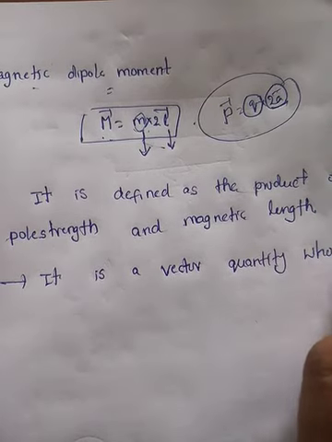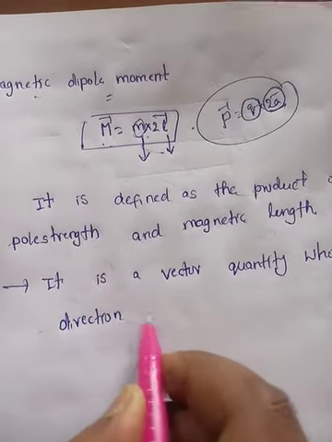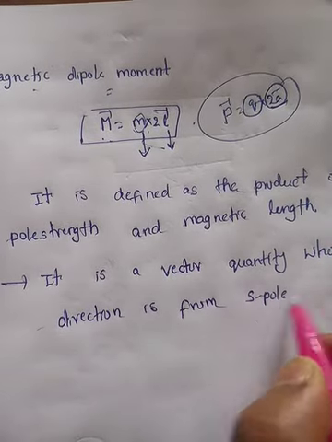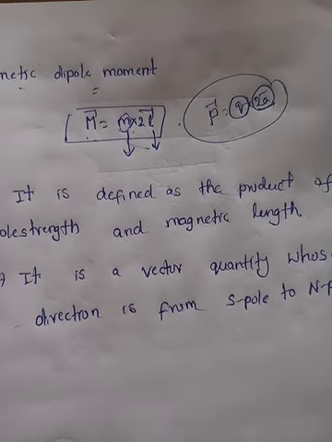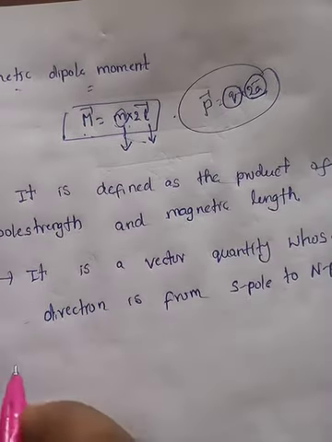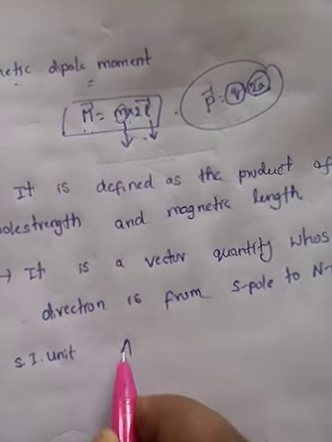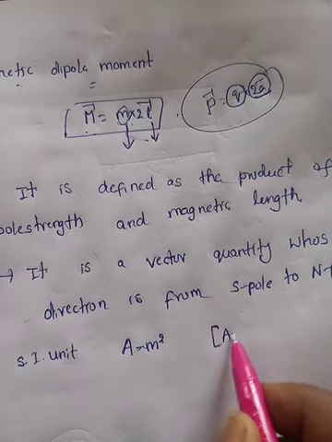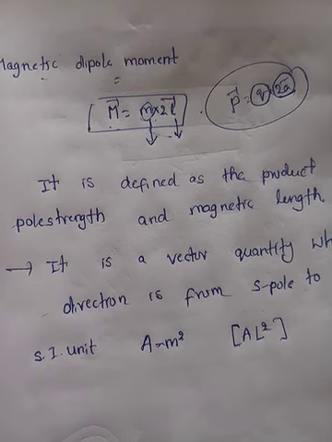Direction of magnetic length. What is the magnetic length direction? From South Pole to North Pole. The direction of magnetic dipole moment is also from South Pole to North Pole. SI unit, as we know very well from the previous chapter, it doesn't change, that is ampere meter square. If you want to write the dimension formula, AL square. So this is about magnetic dipole moment.